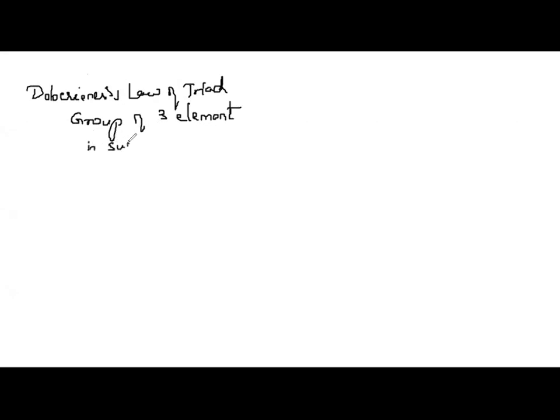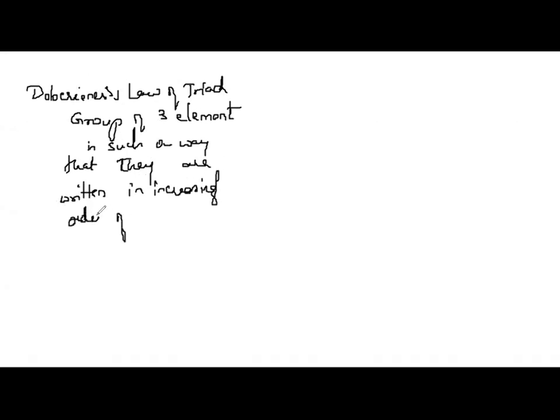So what does Dobereiner's law of triads say? Let us try to understand. He made a group of 3 elements, written in increasing order of atomic masses.